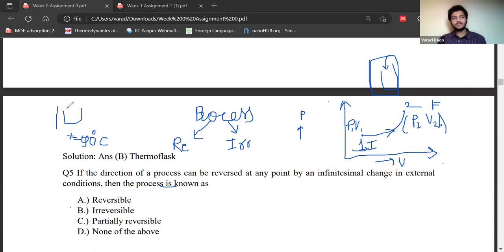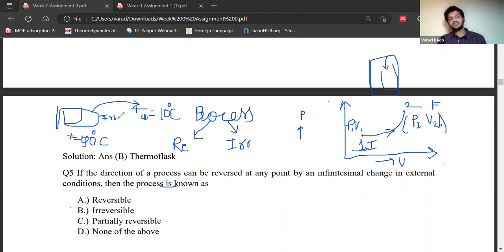You put this water into surroundings where the ambient temperature is 10 degrees centigrade. Spontaneously, heat will transfer from the hot body to the cold body. That means it's an irreversible process, because it is happening spontaneously.